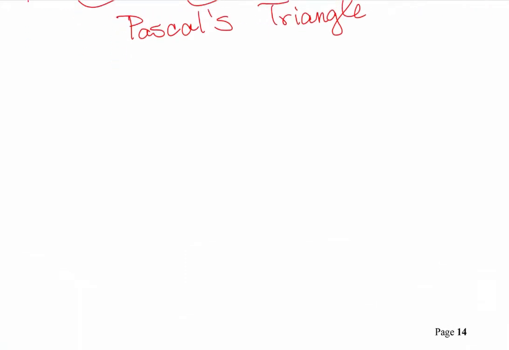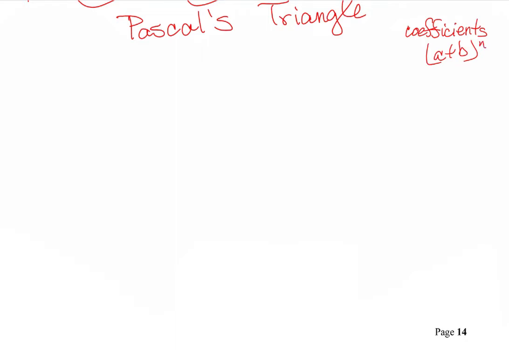And Pascal's triangle is a way to multiply out a plus b to the n. So it tells me the coefficients of a plus b to the n.